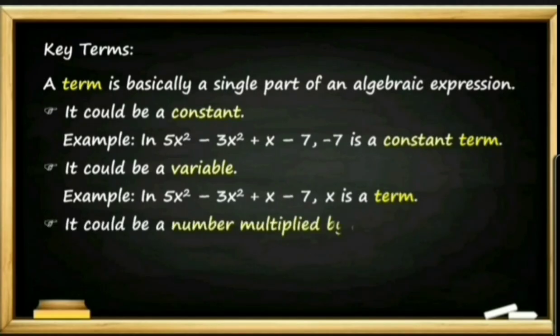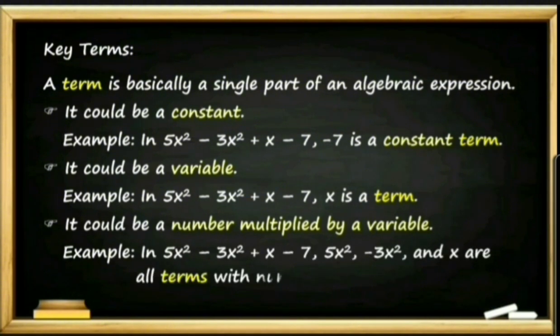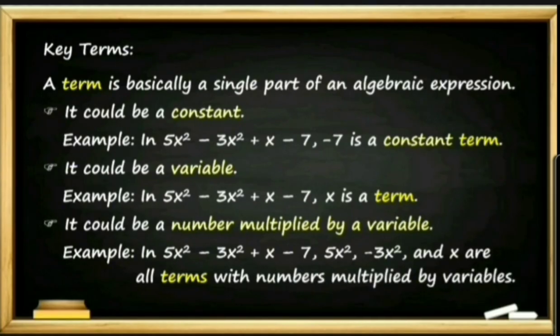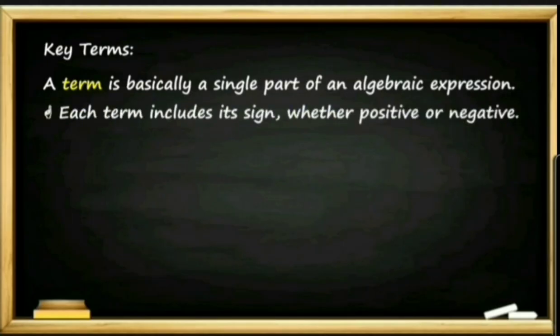It could also be a number multiplied by a variable. For instance, in the same expression, 5x squared, negative 3x squared, and x are all terms with numbers multiplied by variables. Note that x has an implied coefficient of 1. Each term includes its sign, whether positive or negative.